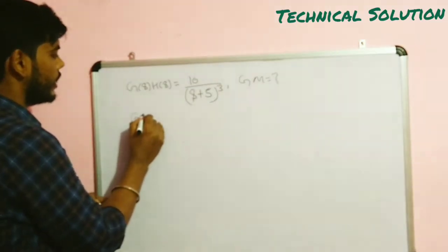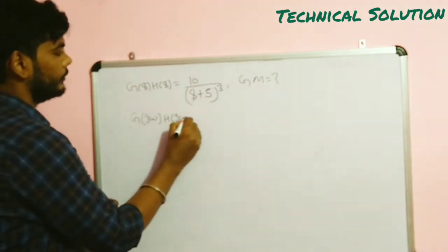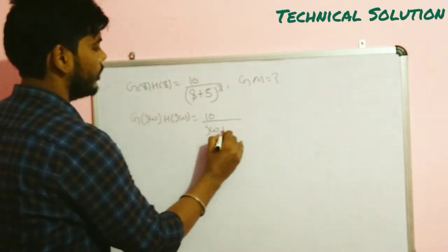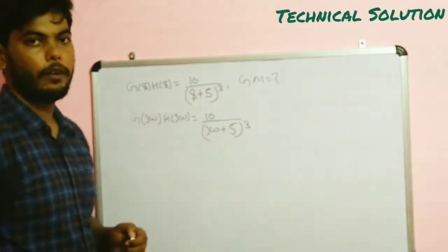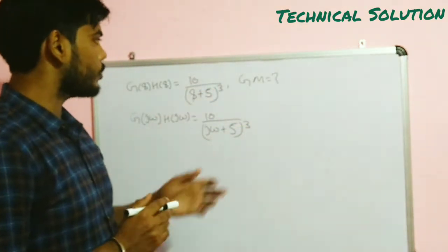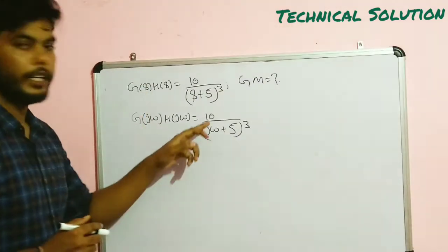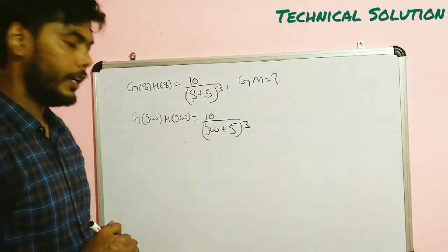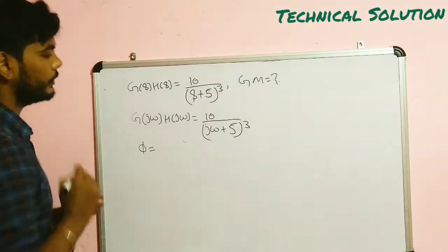So we put s equal to j omega, giving 10 upon (j omega plus 5) whole raised to the power 3. The phase crossover frequency is the frequency where the angle of the system is equal to minus 180 degrees.